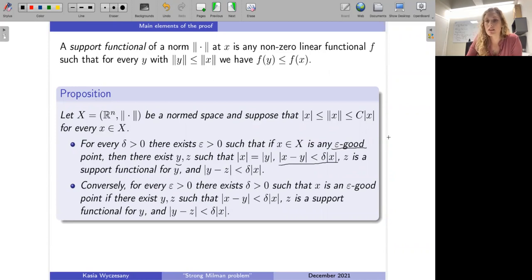This is the situation again with this one-dimensional picture. You can imagine quite well what this means. But also conversely, for every epsilon, there is a delta such that X is epsilon good if there exist Y and Z such that X minus Y is small, and Z is a support functional for Y which also has a close norm to Y itself. In particular, we can always talk about points being on the unit Euclidean sphere, and that's what I'll be doing here.